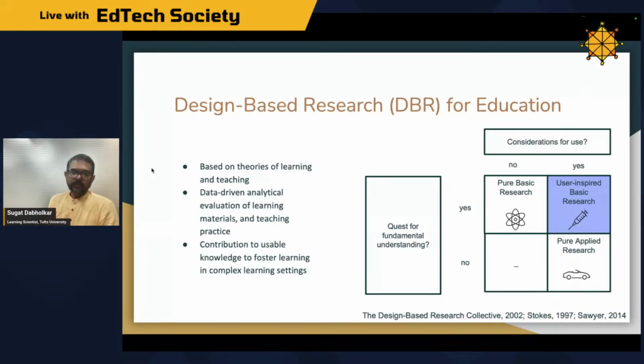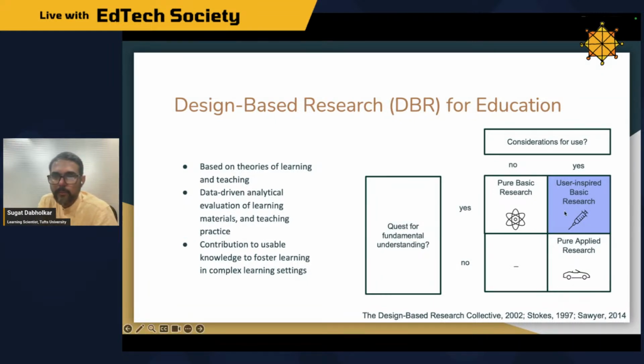Design-based research is a methodology that is mostly developed in the field of learning sciences, and it's now widely used in various other fields as well. On this slide, on the right side, you see four quadrants. On the horizontal axis, there's considerations for use, and on the vertical axis, there is quest for fundamental understanding.